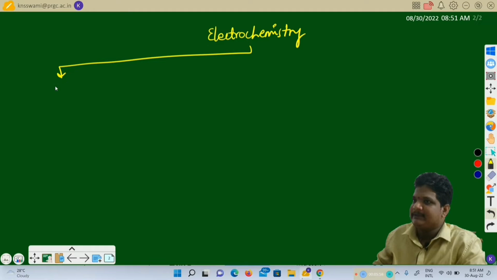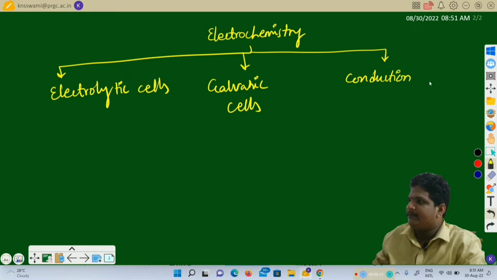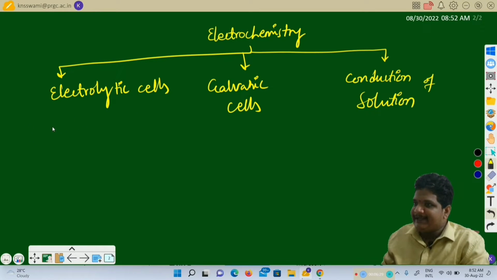The first part is electrolytic cells, the second part is galvanic cells, and the third part is conduction of solutions.